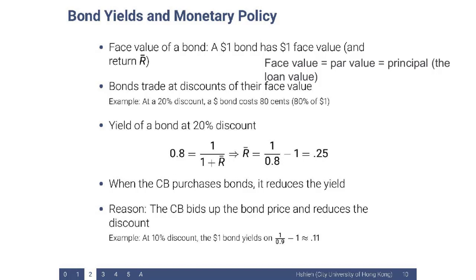So let's think about a situation where you have a bond that's actually priced at a 20% discount. Okay, so what does that mean? Bonds have certain terminology, so let me start with the terminology first. Principal. I hope everyone knows what that is. Principal is the amount of money you get after the bond expires.